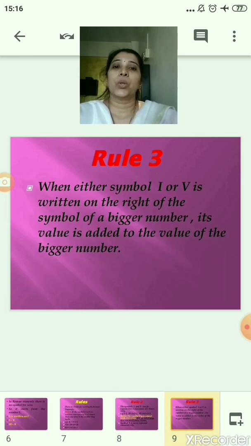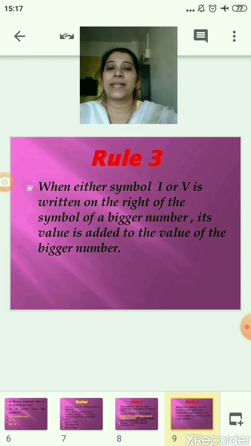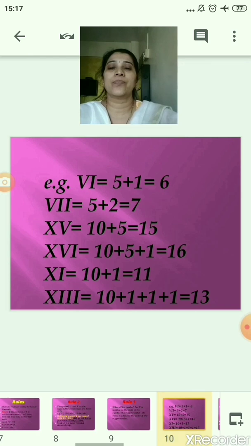Now let us go to rule number 3. Whenever the symbol I or V is written on the right of the symbol of a bigger number, its value is added to the value of the bigger number. We'll take examples for it. Now you can see the symbol 6.